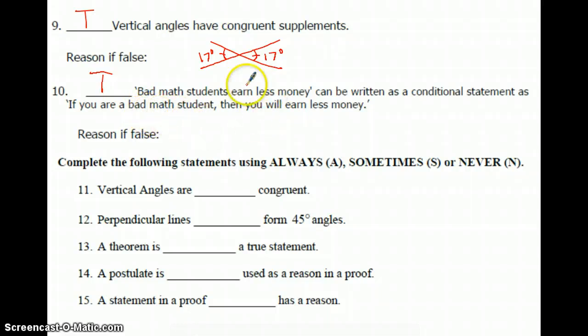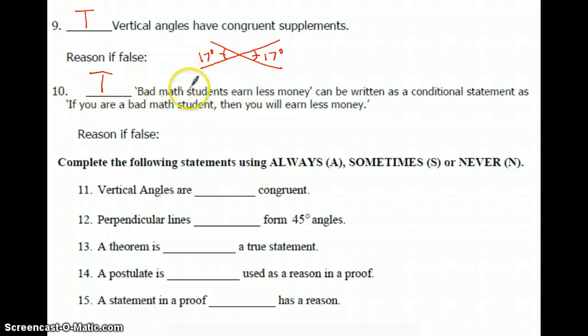I guess the only way this could possibly be confused is because there's no if and then in this first statement. You kind of have to read this a couple times and go, well, if I think about this the other way around, if I switch the if and the then things around, does that mean the same thing? If you earn less money, then you're a bad math student. That really is the converse of this. That means something different. That's almost like the less money is causing or somehow predicting the bad math studentness.